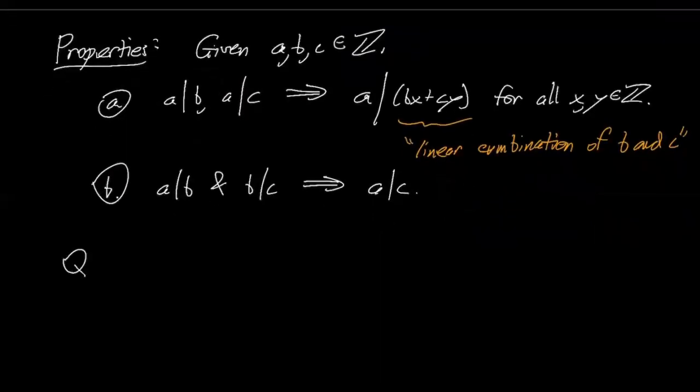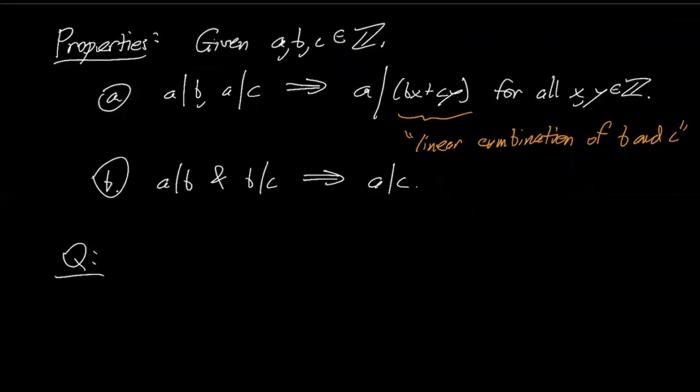One thing we'll think about quite a lot in number theory, it comes up a lot, is this. If a divides the product b times c, can we say anything? Does that mean a has to be a divisor of b, or a has to be a divisor of c?